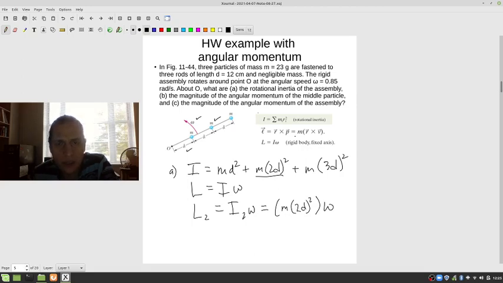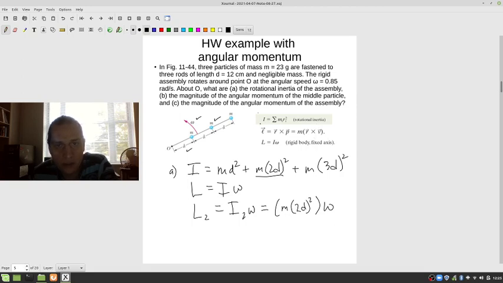It would also be okay to use this sort of thing where you have the radial distance times the v. In this case, they are perpendicular, so the sine of 90 would give you 1.